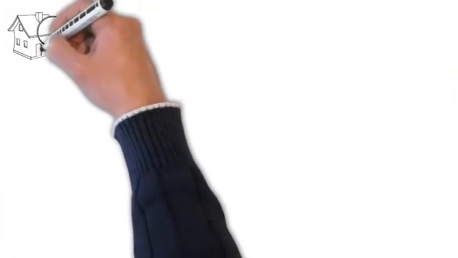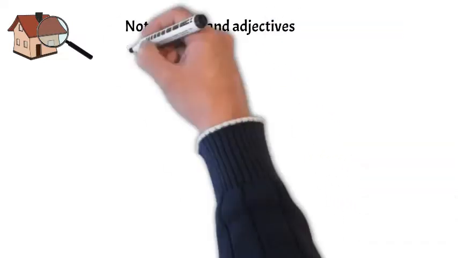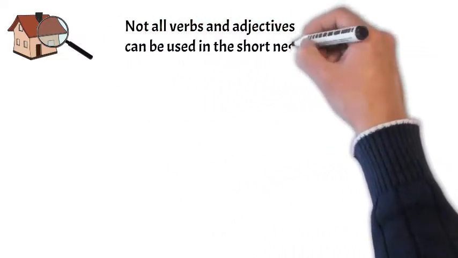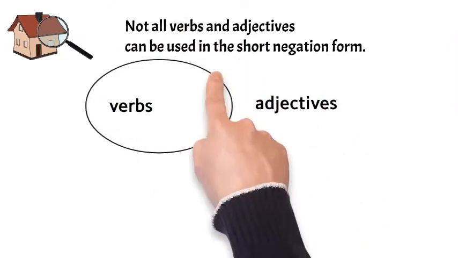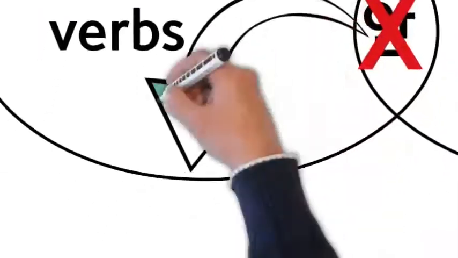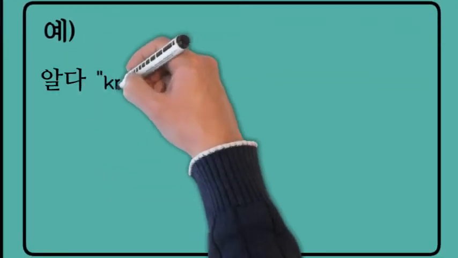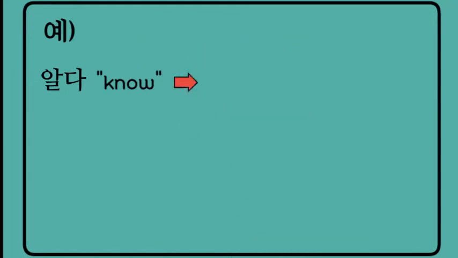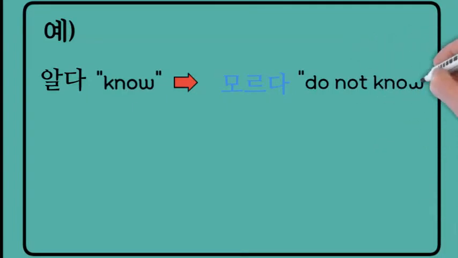There is an exception to the use of 안. Not all verbs and adjectives can be used in the short negation form. Few verbs and adjectives that have corresponding negation verbs cannot take the short negation forms. For instance, 알다, the meaning is to know, has a corresponding negation verb, 모르다, which means do not know.